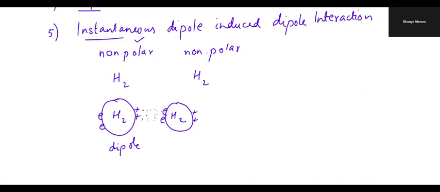Okay, and this is the weakest among all the other van der Waals forces. Okay, and it is also called by another name called London forces, also called dispersion forces.